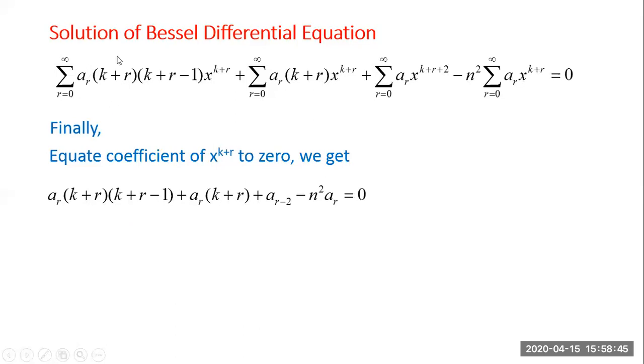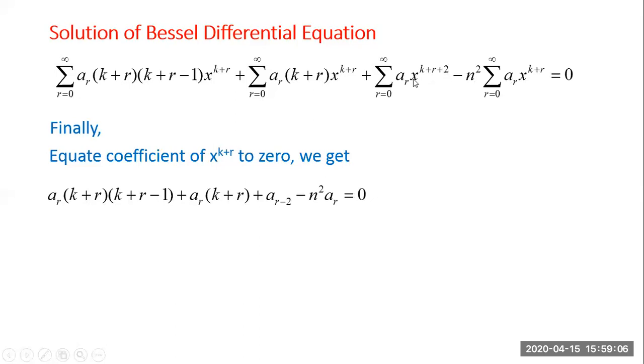So equate that to 0. From the first term, I get ar (k plus r) (k plus r minus 1). From the second term, I get ar into (k plus r) as the coefficient of x power k plus r. From the last term, I get the coefficient of x power k plus r as minus n square ar. From the third term, we have x power k plus r plus 2.